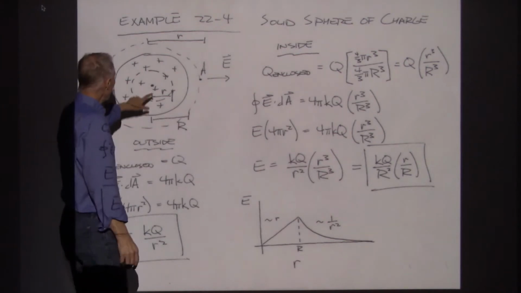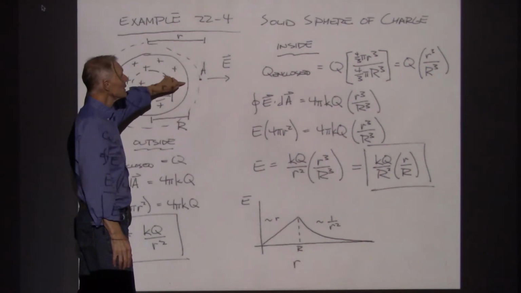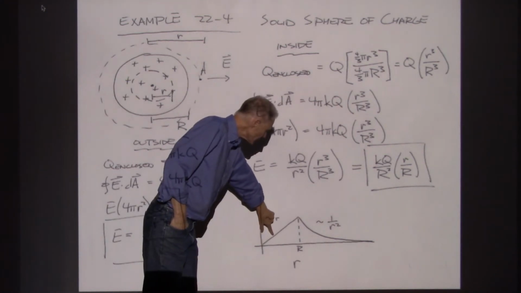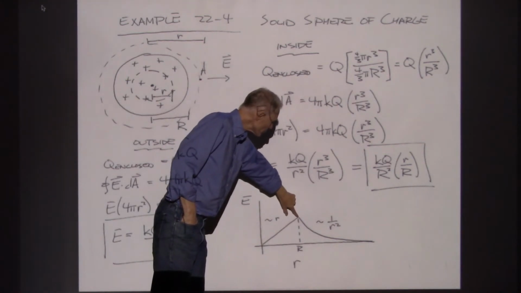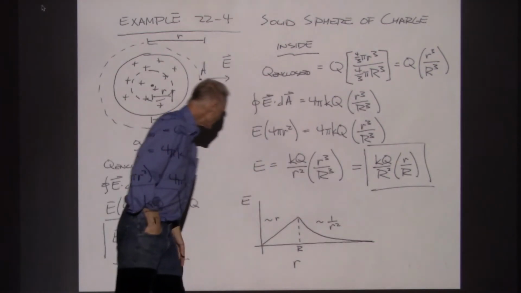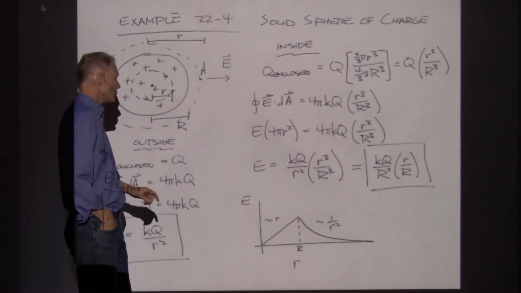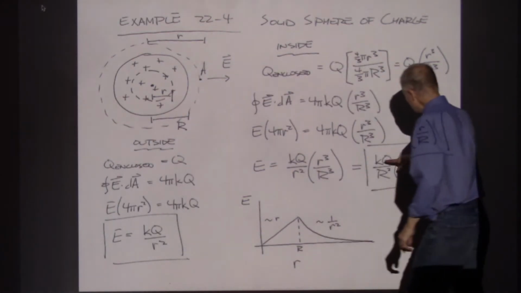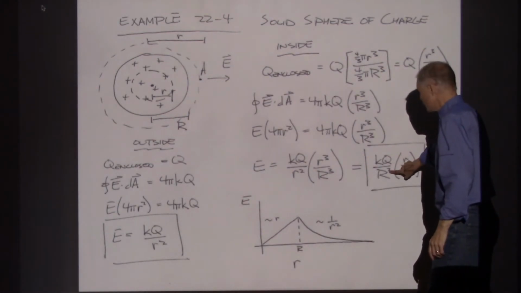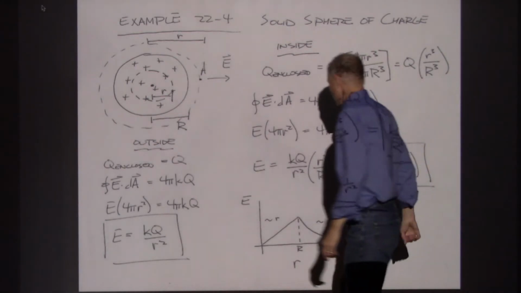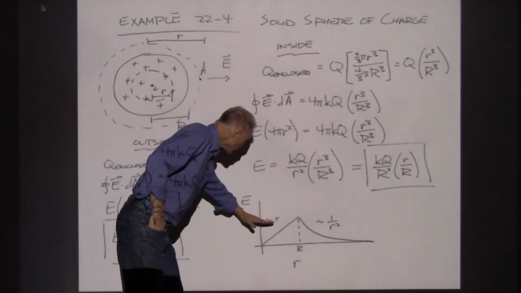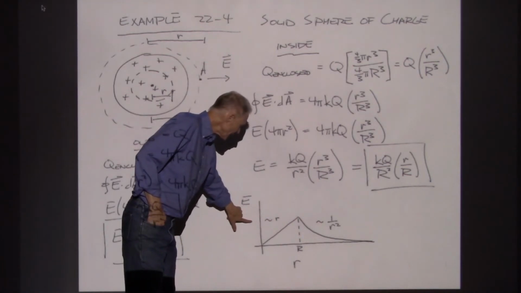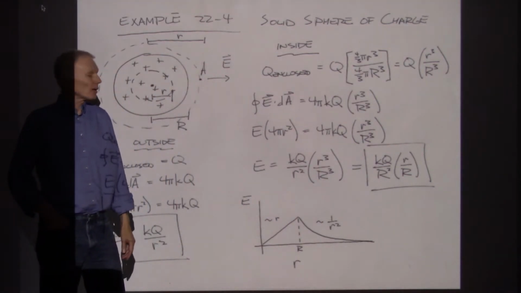What I find is that the electric field is increasing linearly as I approach the surface. Right at the surface, the electric field value is going to be kQ over big R squared. I should have written that in too. Right there on my E field, at that location, is kQ over big R squared.